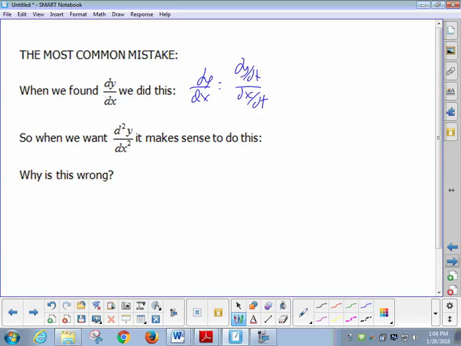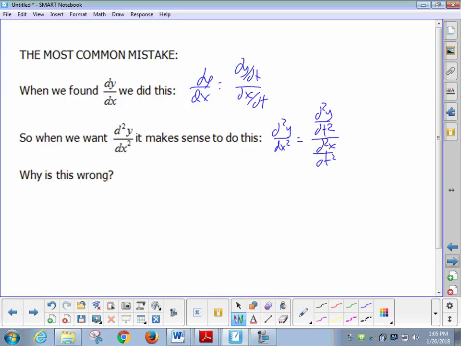And that works. That's exactly how we do it. Unfortunately, people then say, well, if you want the second derivative, you just take the second derivative of y and the second derivative of x and divide those out. Boom. Makes sense, right? Unfortunately, it doesn't make sense if you check it.